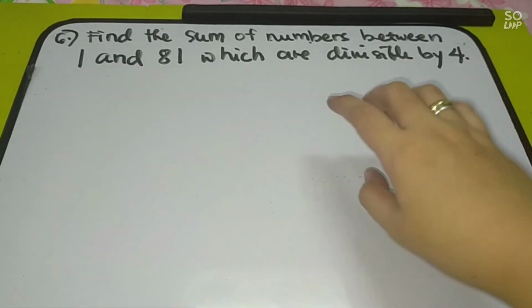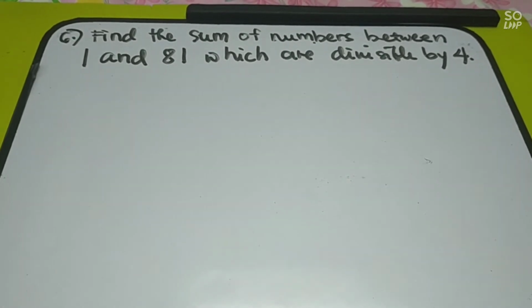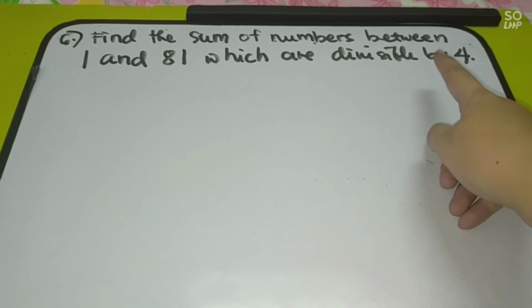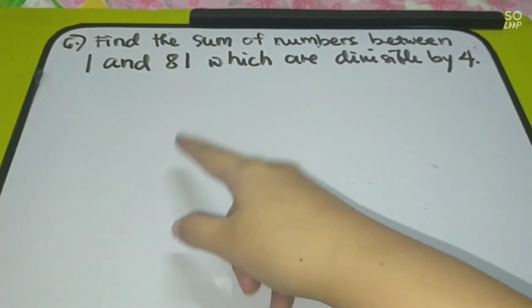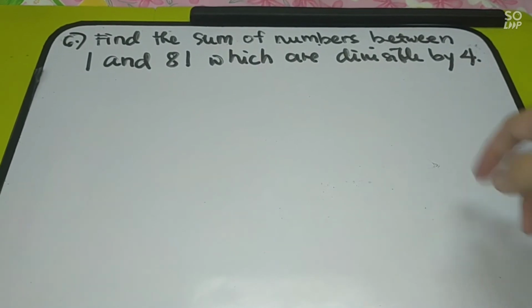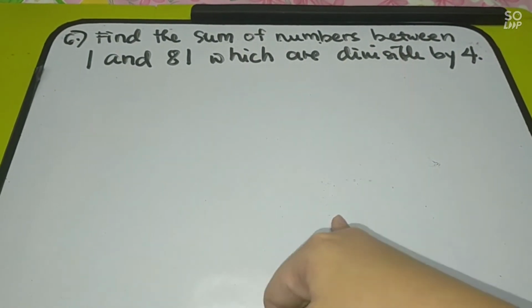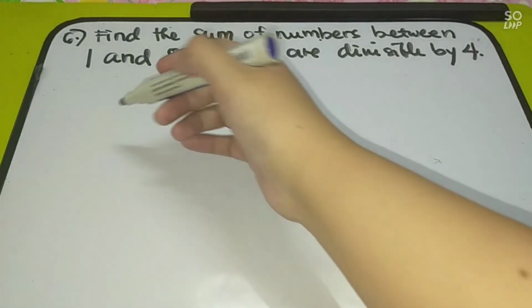Number 6. Find the sum of the numbers between 1 and 81 which are divisible by 4. Okay. So, ngayon, ang term natin ay between. Ibig sabihin, nakapagitna siya kay 1 and 81 na dapat ay divisible by 4. So, kailangan mahanap natin kung sino nga ba si first term at si last term dyan na divisible by 4.